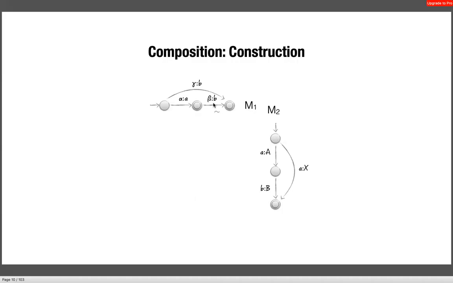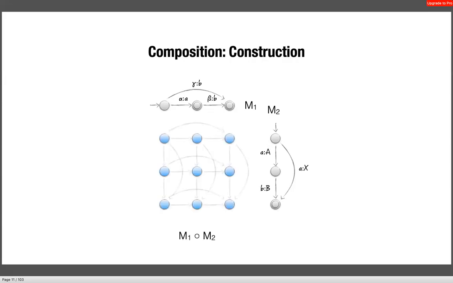You might have already deduced from the algebraic rule in the previous slide that the output alphabet of M1 needs to be consistent with the input alphabet of M2, because strings that are produced as output by M1 are going to be consumed by M2 to then produce some other output strings. So the output alphabet of M1 needs to speak to the input alphabet of M2. There needs to be some consistency there.